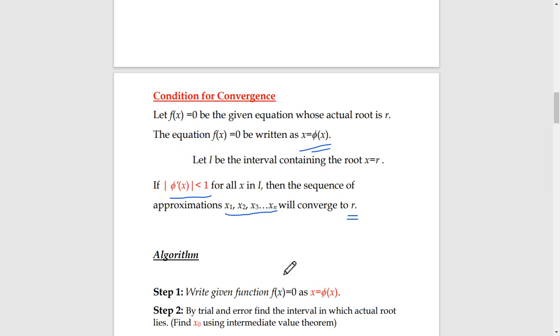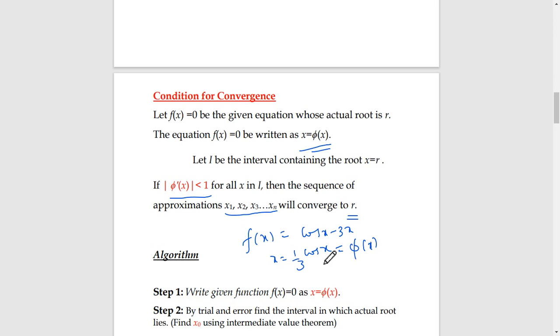That's what it means. Say suppose I have a function f of x equal to cos x minus 3x, then we can write this as x equal to 1 by 3 cos x. So this is taken as phi of x, for example.